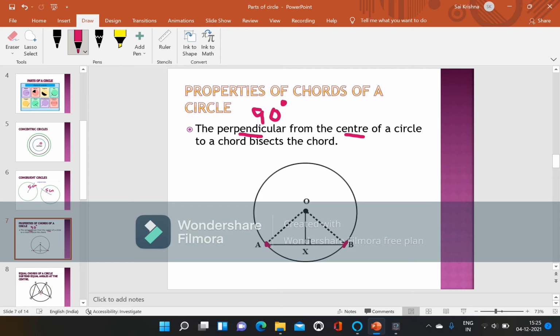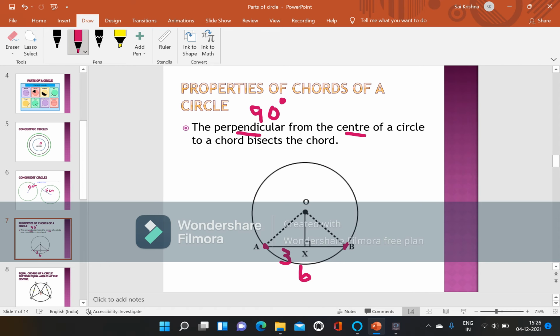That means if AB length is 6 centimeter, then this OX, which is perpendicular from the center, bisects AB into 2 equal parts, that is 3 centimeter and 3 centimeter. Bisects means it divides the line into 2 equal parts. So a perpendicular line from the center bisects the chord. This is the first property.